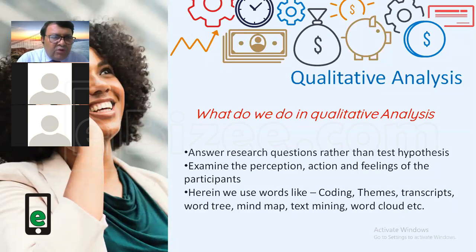For example, transcripts of interviews of the CEOs of 15 or 20 companies. Then we talk of words like word tree, word cloud, mind map, text mining, etc. These words are very different from the kind of terms we normally use in quantitative analysis.